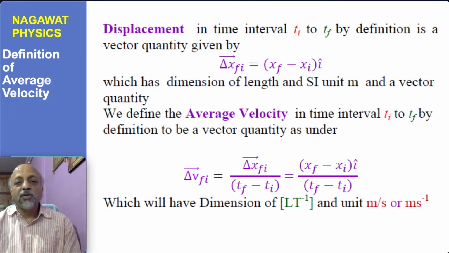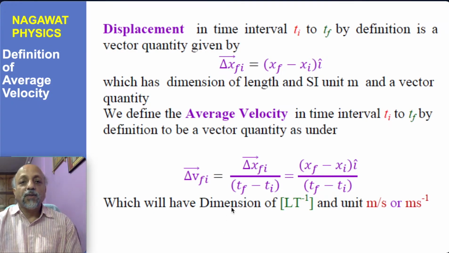Displacement in time interval ti to tf by definition is a vector quantity given by xf minus xi, which means the final position vector minus the initial position vector, and ti will be referred to as the initial time and tf as the final time. Once we have defined the quantity displacement vector, we can move further and define more quantities.